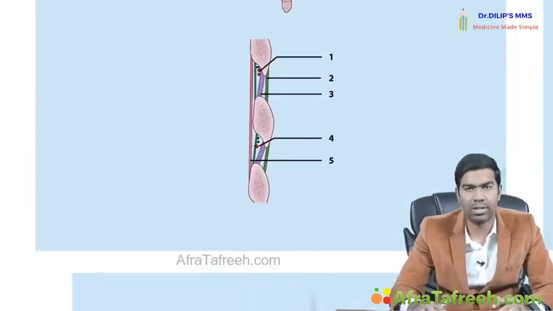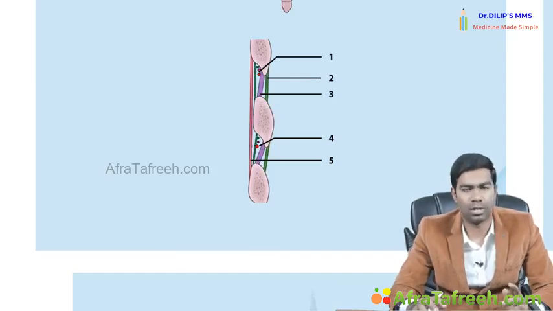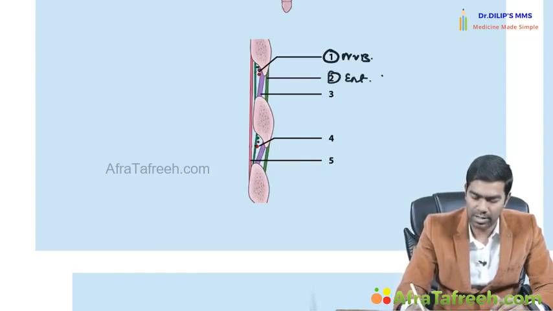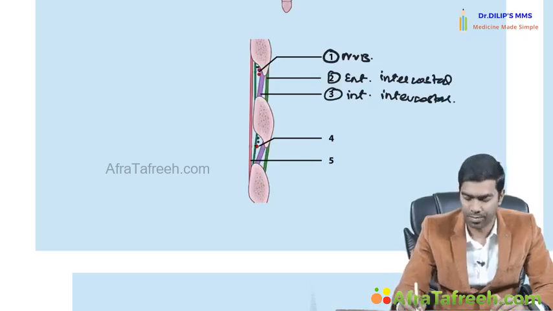But let us see some of the anatomical aspects, because it's important to understand why we do thoracocentesis at a particular location over the ribs. Number one here is the neurovascular bundle. Number two is the external intercostal muscle. And number three is the internal intercostal muscle. These three are the major structures that form the intercostal area.